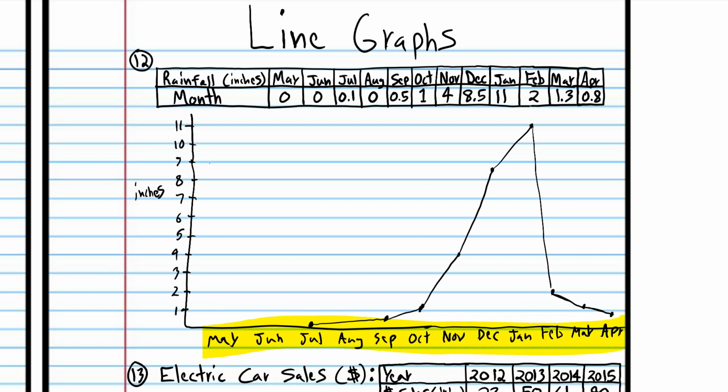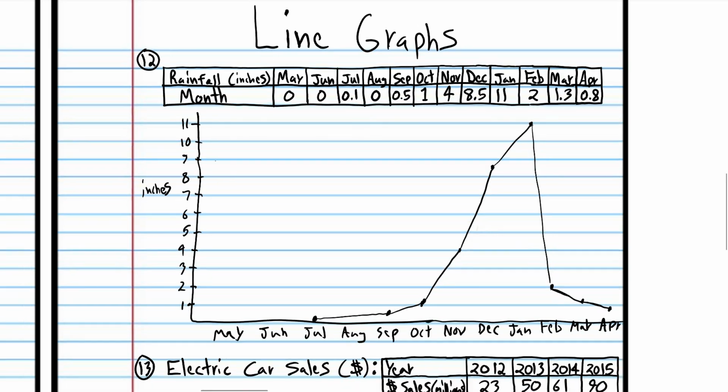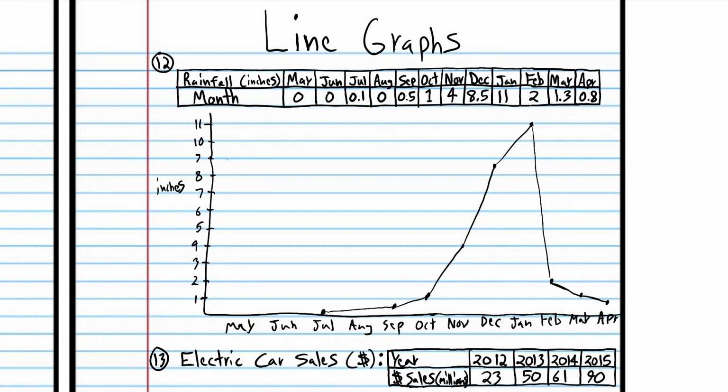So on the homework, I have some problems where you're asked to figure out if you can use a bar graph or a line graph, and in order to do that, you have to figure out if it's categorical or continuous. So I'll ask you which graph would be best to use. We didn't really talk about that much, but just try your best on that.